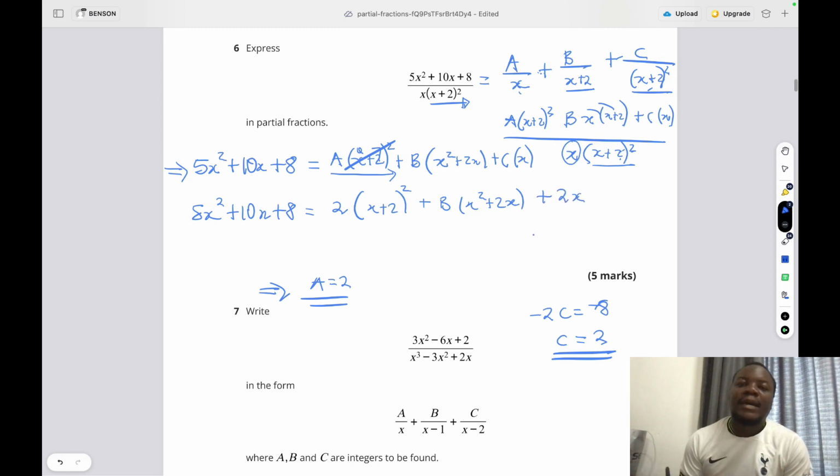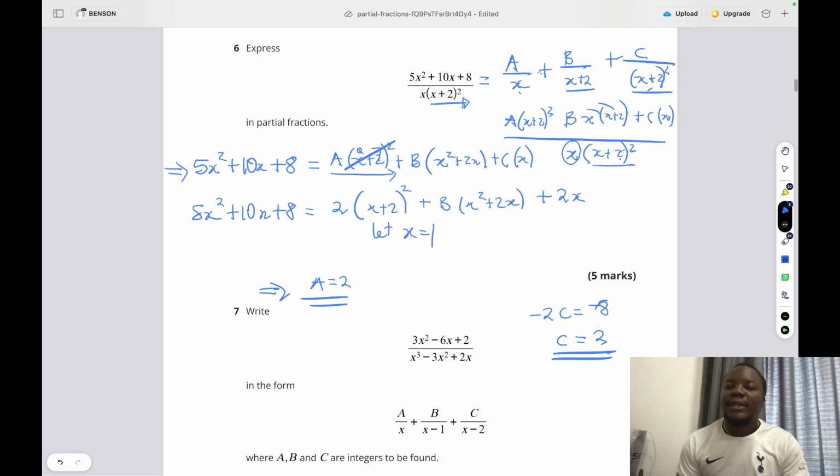Now to find the value of b, we can choose any value of x to replace for x, and then just simplify and solve by equating the equation. So in this case, we are going to say let x be equal to 1.